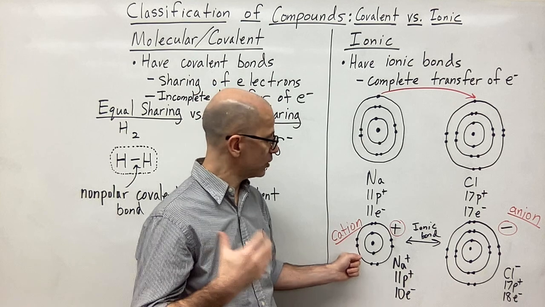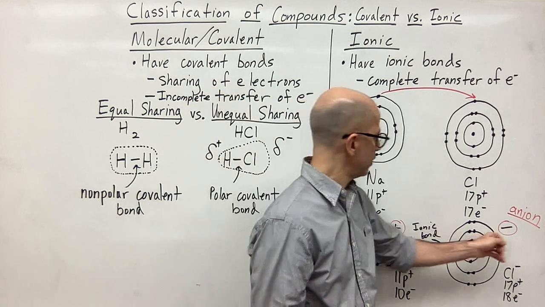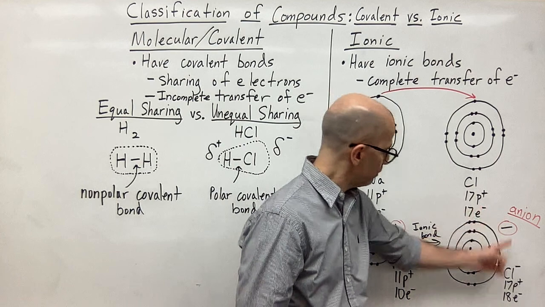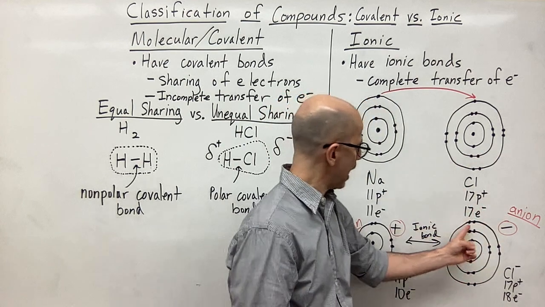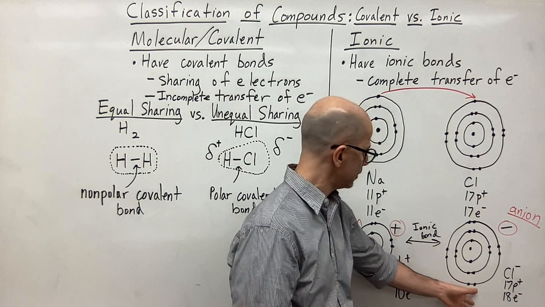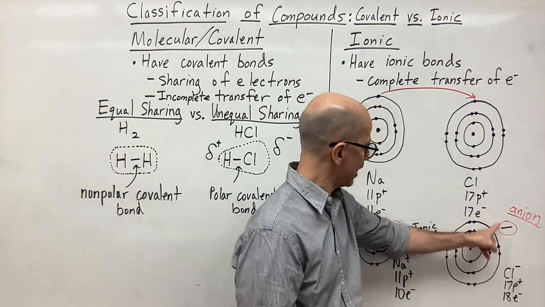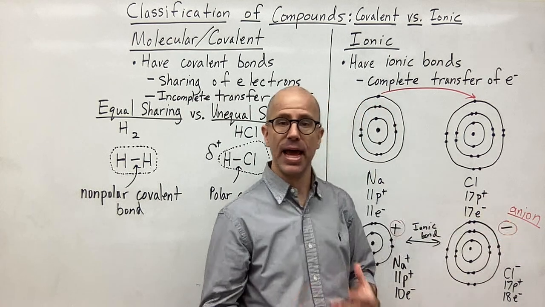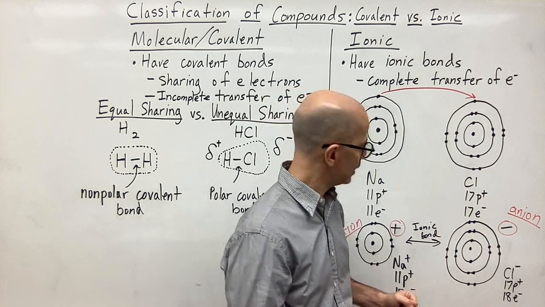So cations are positive ions, and then the chlorine here picks up the electron, and now it has a full outer shell. This third shell is now full with 8, and you'll see it now has a negative charge. That's an anion. Negative ions are called anions.